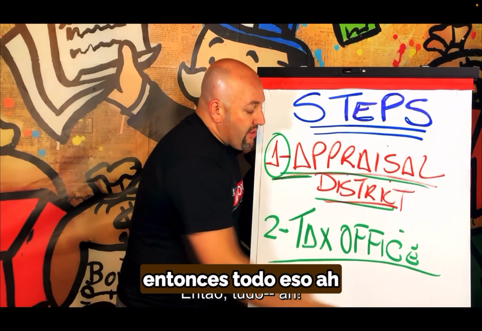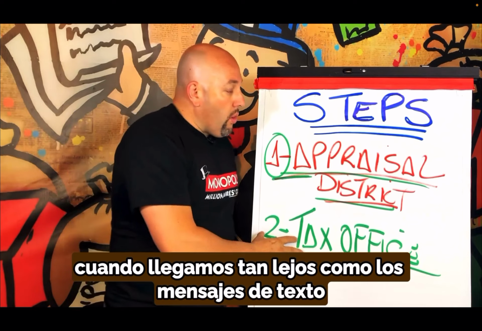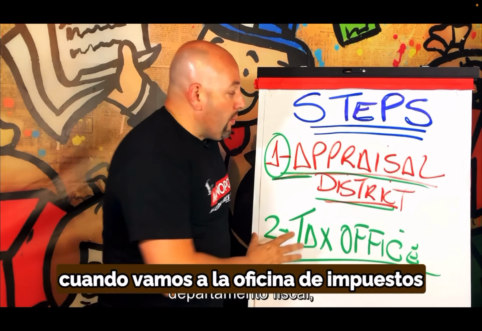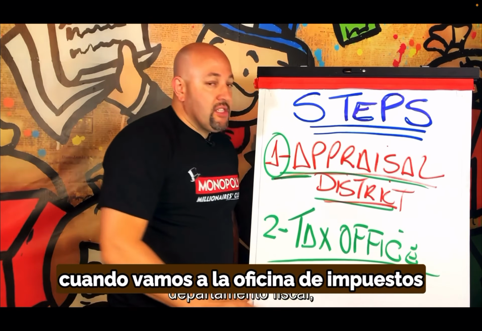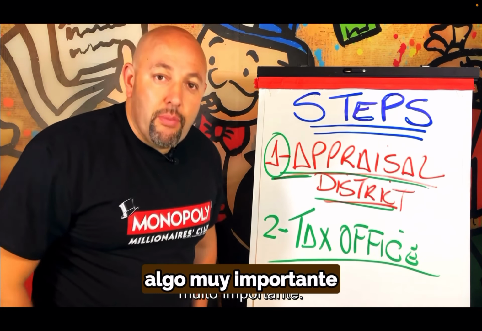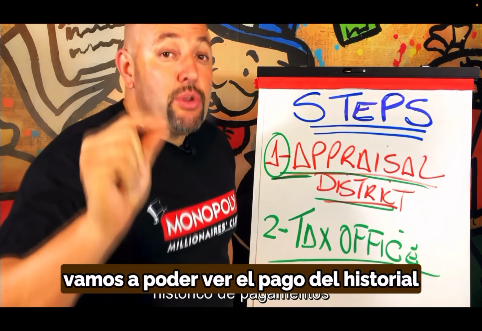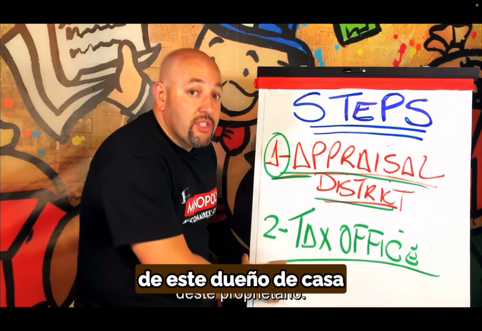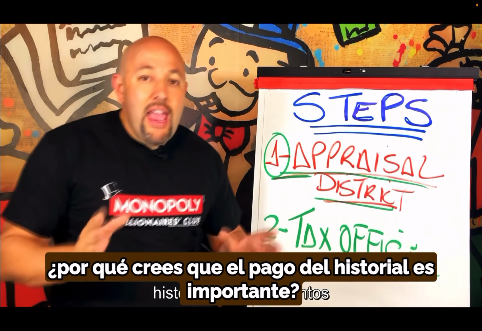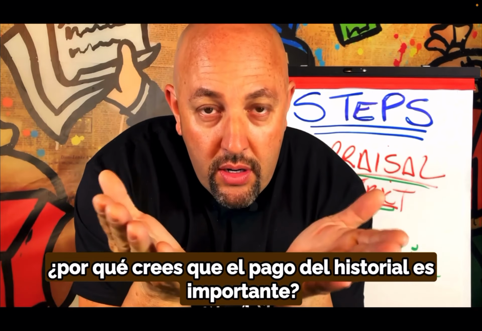Another very important thing: when we go to the tax office, as far as tax liens, we are gonna be able to see something very important, and you know what it is? We're gonna be able to see the payment history of this homeowner. Why do you think the payment history is important?